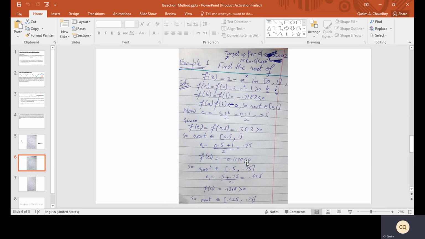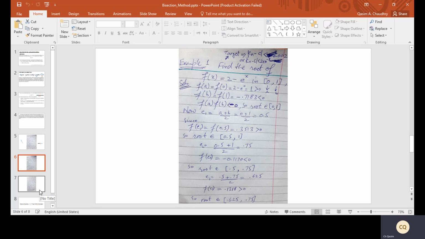Now this is negative here, and this was the positive value, so the root lies between 0.5 and 0.75. And now c3 is again the half value, 0.625. f(c3) is equal to 0.1318, greater than 0, positive, and this is negative. So the root lies between 0.625 and 0.75.